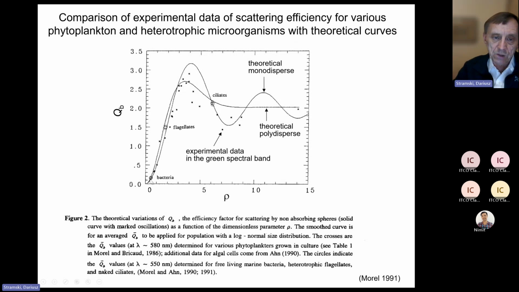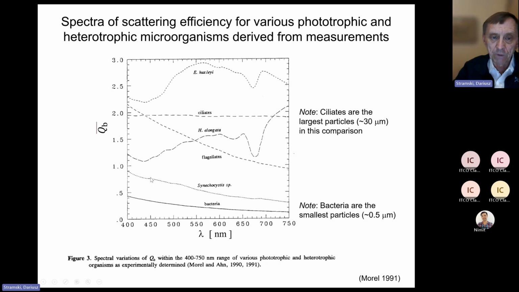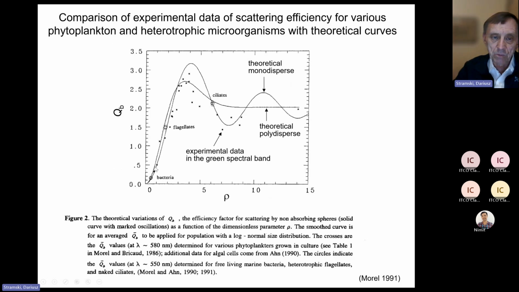longer wavelengths will be lower on this theoretical curve. So in other words, the spectrum of bacterial scattering will exhibit higher scattering at shorter wavelengths than at longer wavelengths, because bacteria are located within this ascending portion of the theoretical curve, and they all have low efficiencies because the rho values are small.